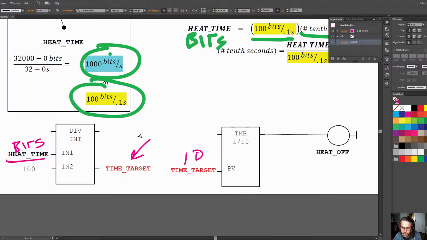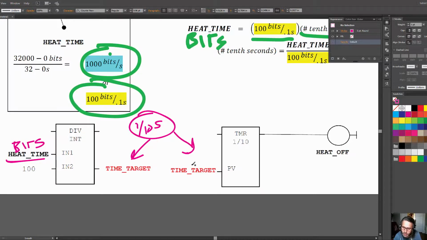That time target is in 1/10 of a second. So this divide block is just taking our heat time, which of course is in bits, and dividing by 100, and that's going to get us this variable, this time target, which is in 1/10 of a second. That's what needs to go into the timer.